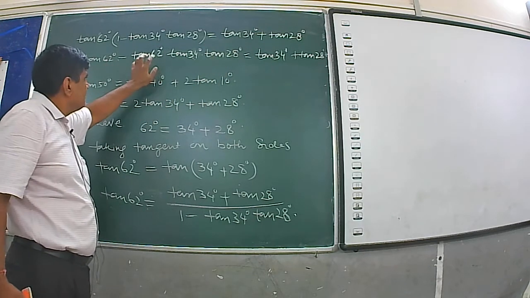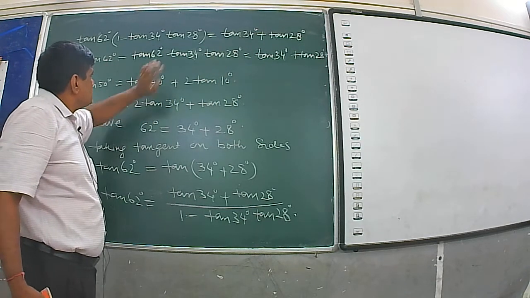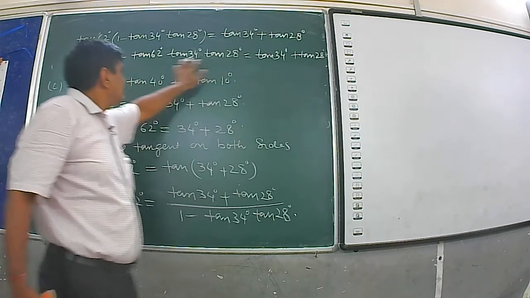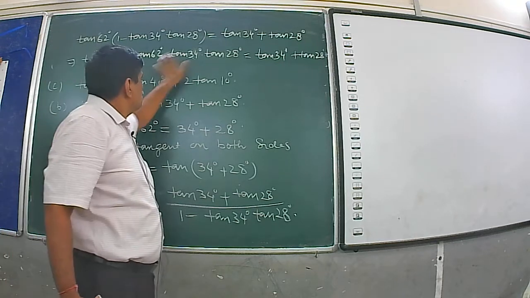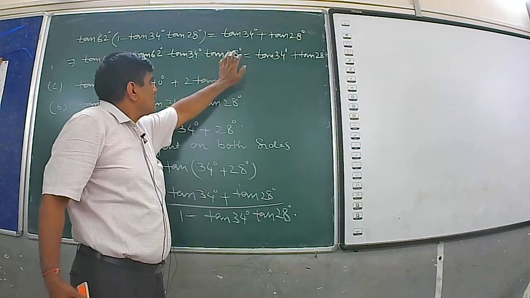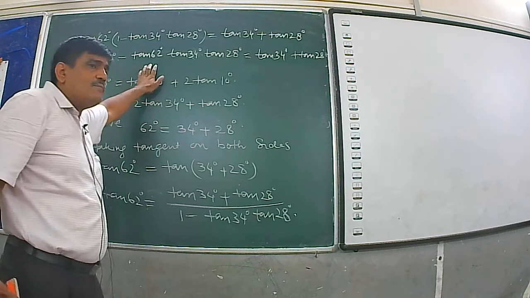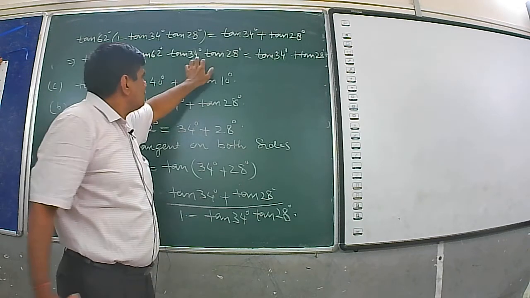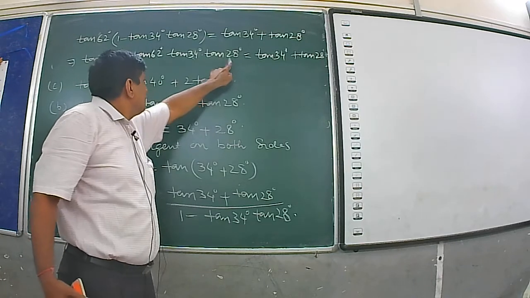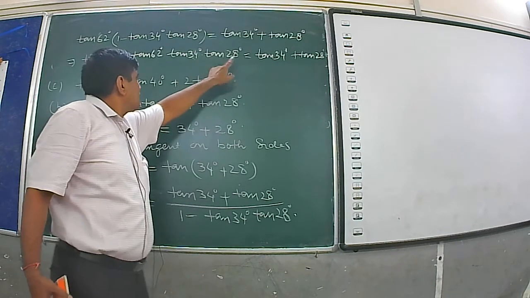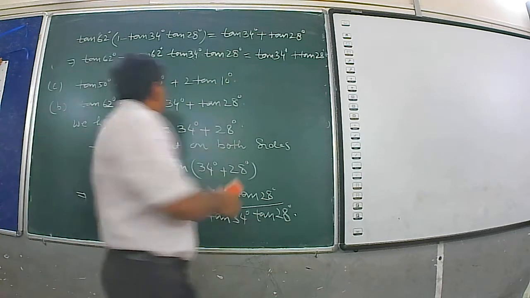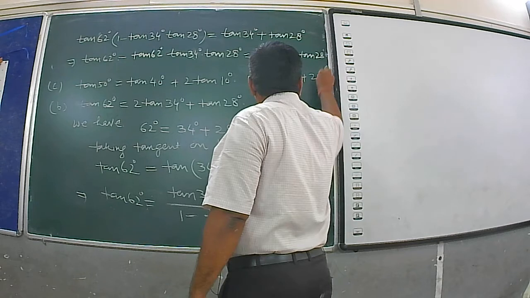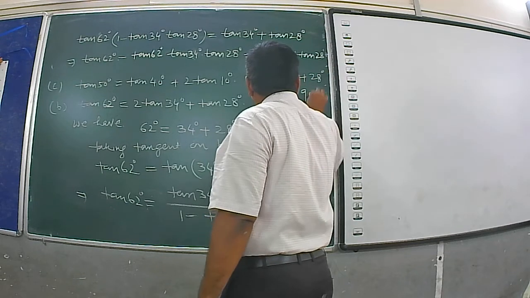We see that 62 and 28, to change 28 into the 62 form. 62 minus 28 is equal to 20. This is the complement: 62 plus 28 degree is equal to 90 degree.